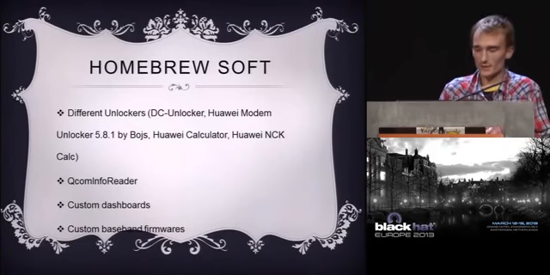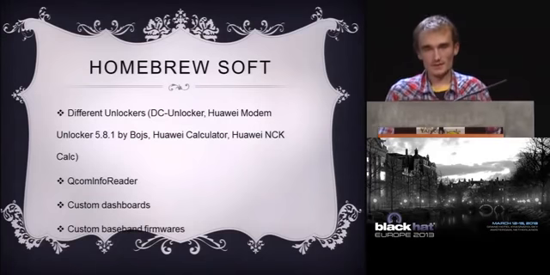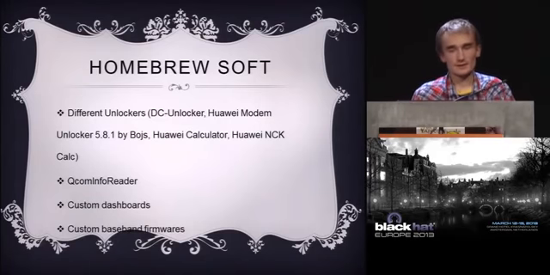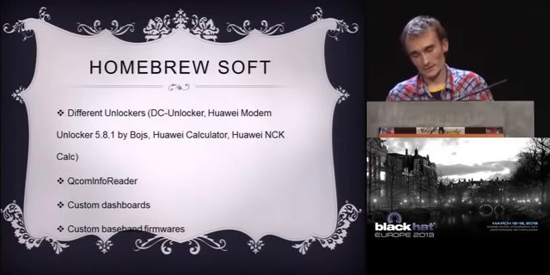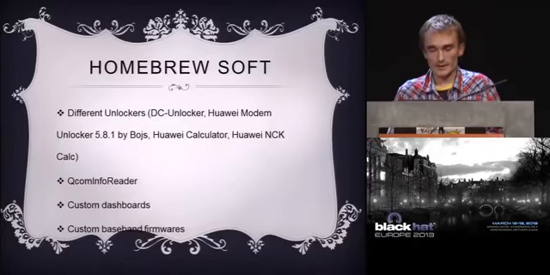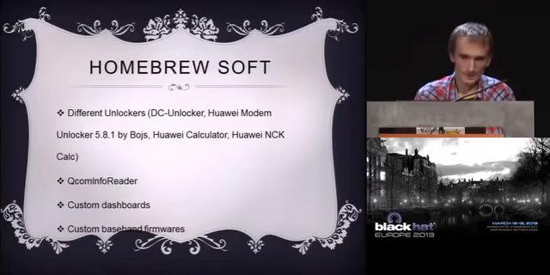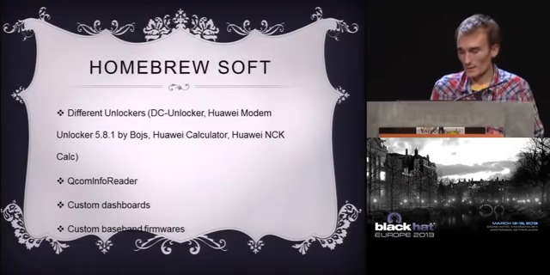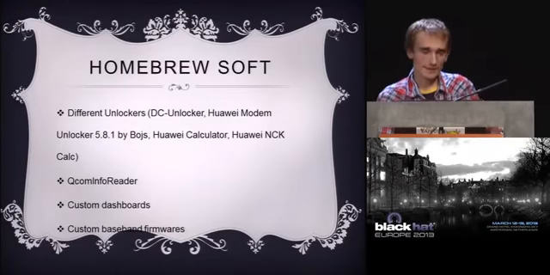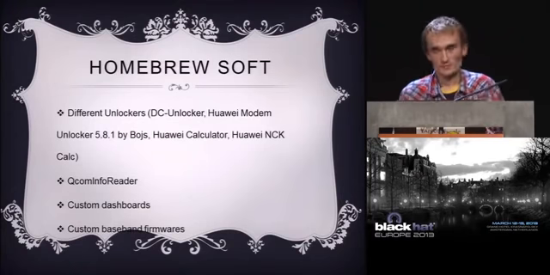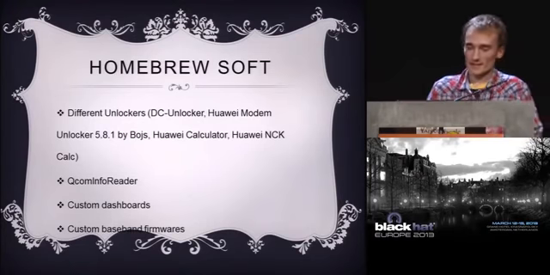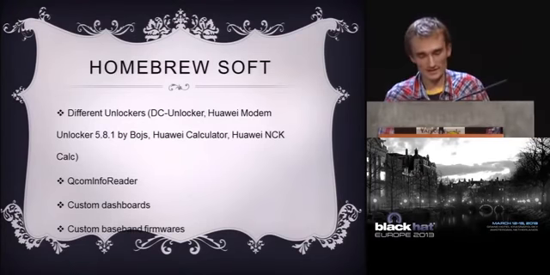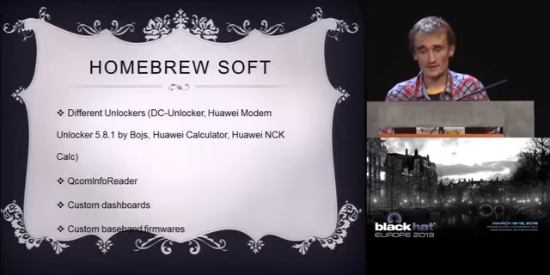If we talk about unlockers, for example DC Unlocker, it's a little industry. It's a nice program. It supports a lot of devices, not just Huawei but ZTE also, and the team behind this software makes money. For example, they take $10 to unlock a device.